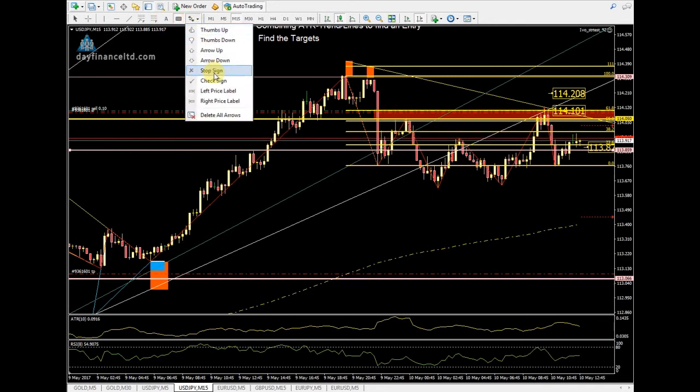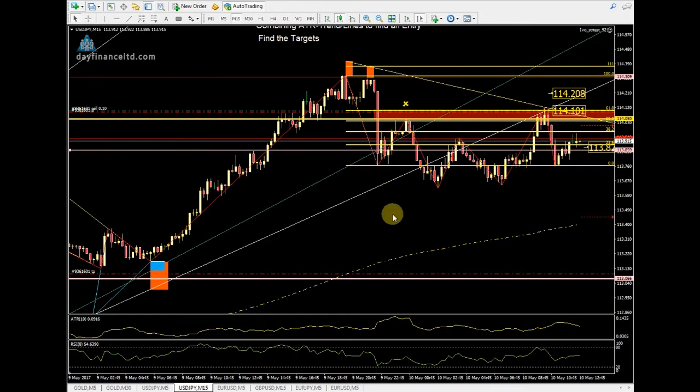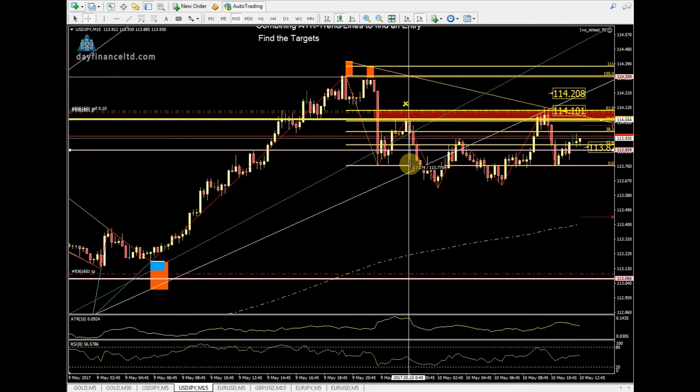So I have 3 reasons to sell there, to look for a scalp, and my stop was and will be above this 61.8, and my target will be again to test this low there from the big candle.